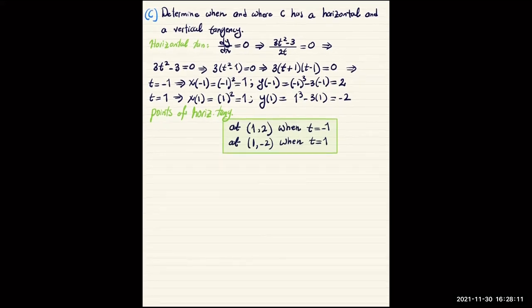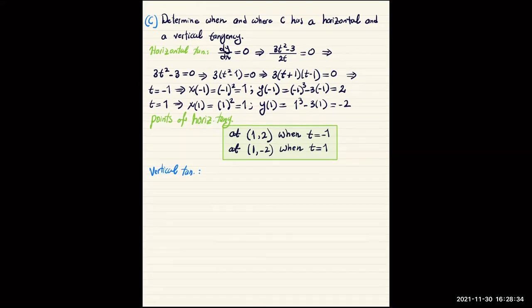Okay. Now we are going to find points of vertical tangency. All right, can anyone tell me how to find those points? How to find when and the locations? When the denominator equals 0.